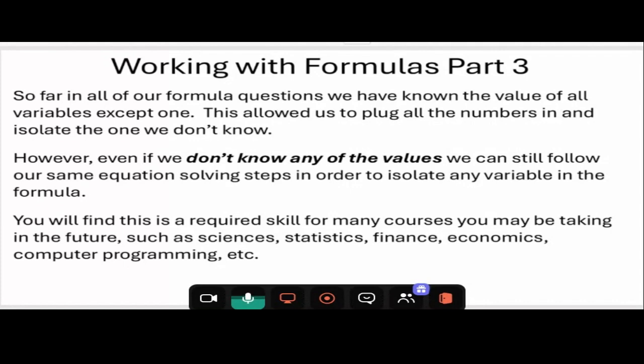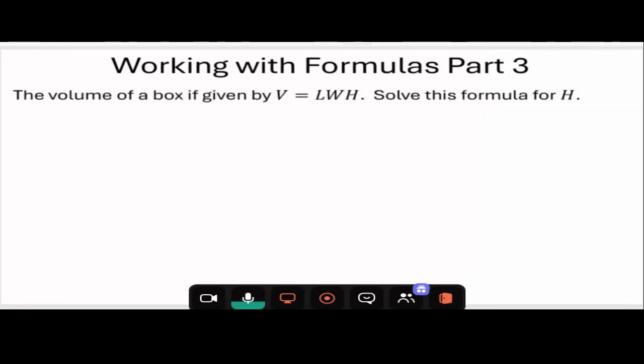A lot of programs require a statistics course. Business certainly does. Nursing does, because you have to be able to understand the results of research, for example, scientific studies that are published. So these are skills that you are likely going to need in future courses. All right, so here we go.